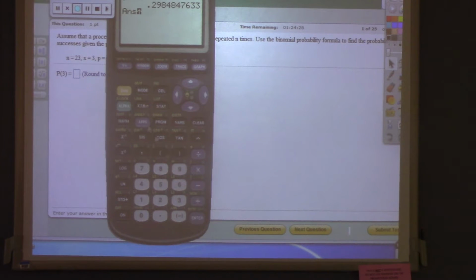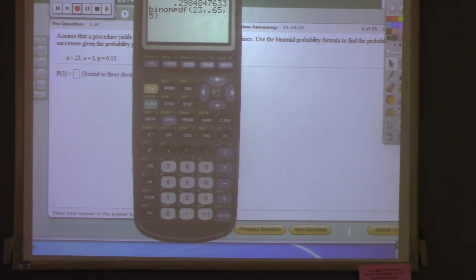Second, enter. 23, then I'll hit second insert, then delete. And 0.15, got a low probability here. And 3. And enter.